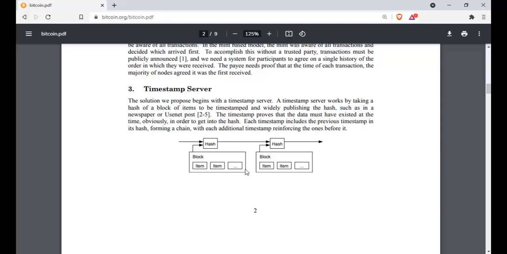First, for us to do that, we must broadcast the transaction to everybody. We must broadcast the transaction to everyone in the network, and the timestamp saver is responsible for telling when a transaction came in, recording it and broadcasting it to everyone.